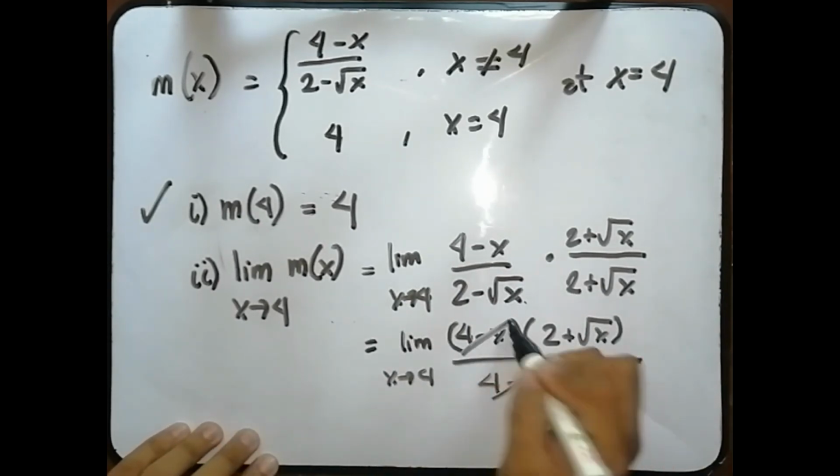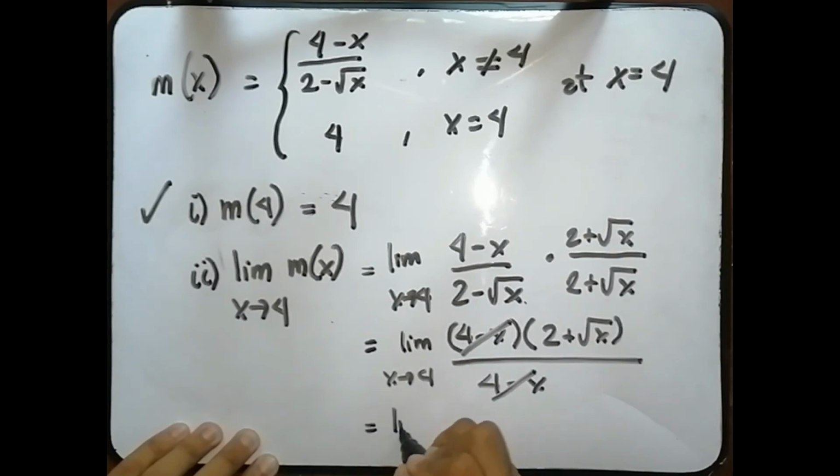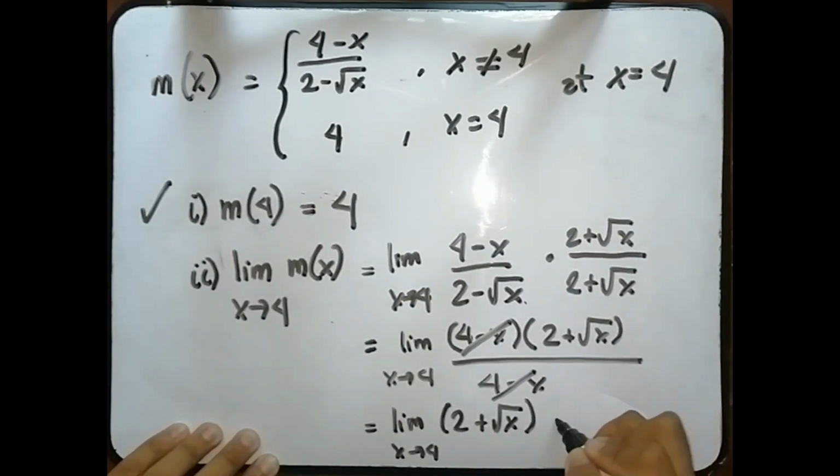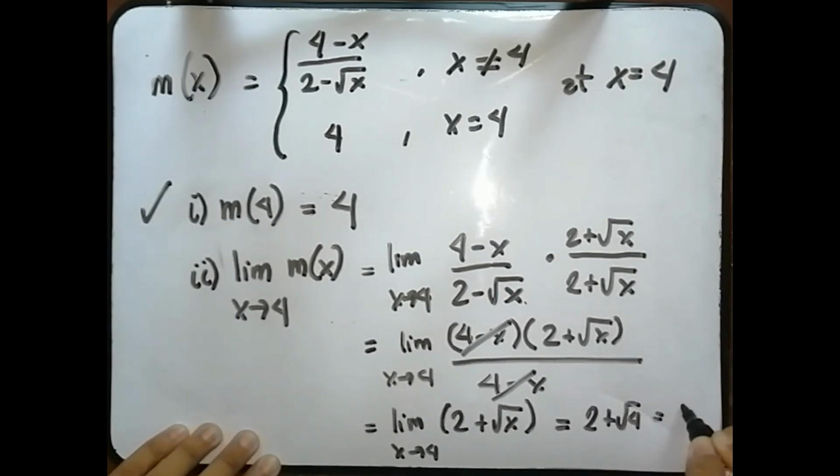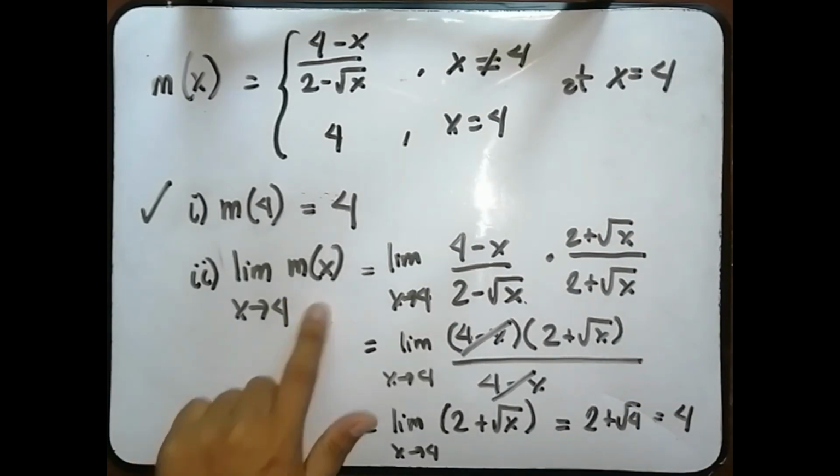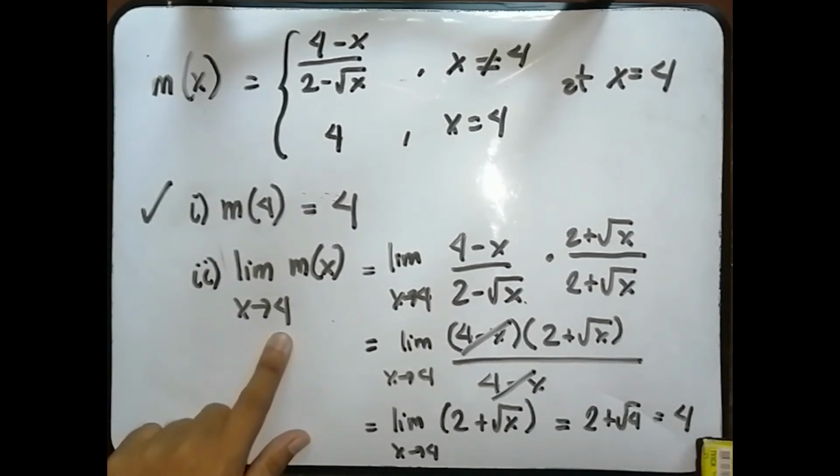So, pwede na natin itong tanggalin. Then, we now have the limit of 2 plus square root of x as x approaches 4. By direct substitution, that is equal to 2 plus square root of 4, so we have 4. Therefore, the limit of m of x as x approaches 4 is equal to 4.